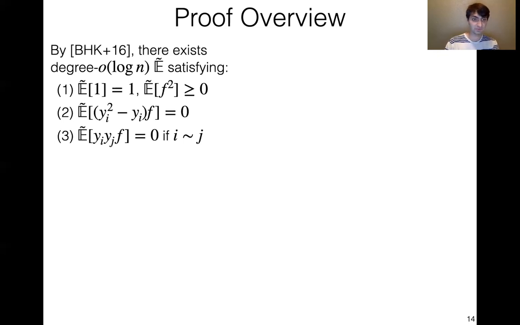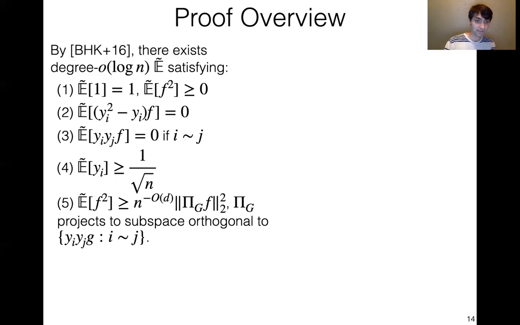We have more or less the same type of constraint for the edges. And constraint 4 says that the probability that vertex i is in the independent set is at least 1 over root n, which means that the independent set in expectation will have size like root n. And property 5 is an eigenvalue lower bound on the pseudo expectation, essentially.